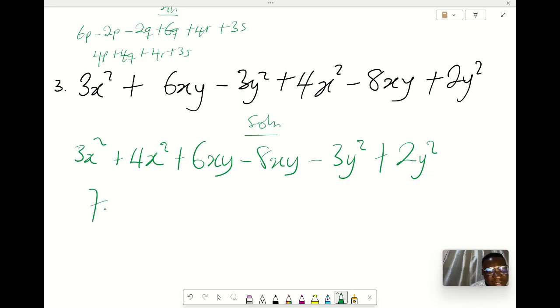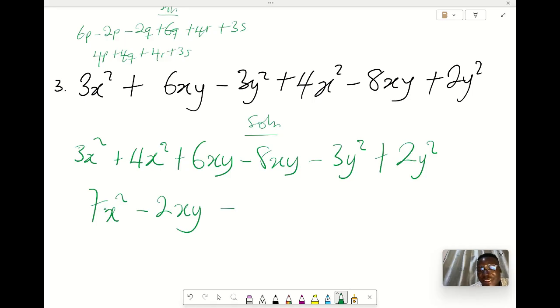Then we add the variable, which is x squared. We don't touch it. Then, 6 minus 8 is negative 2. Then the variable is xy. Also, we have negative 3 plus 2, which gives us negative 1.